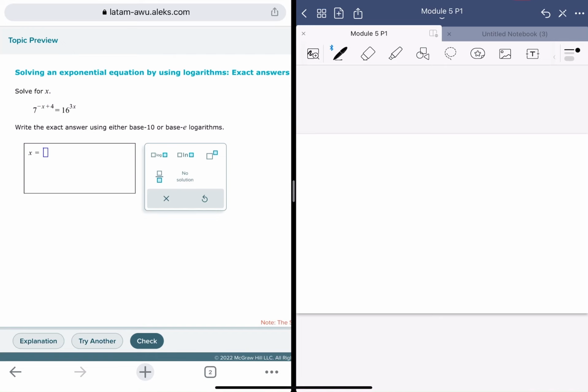So we have something like 7 to the minus x plus 4, which equals 16 to the 3x. And the thing with these exercises is that we have x in this exponent and in this exponent. So we've got to find a way to take that x down.